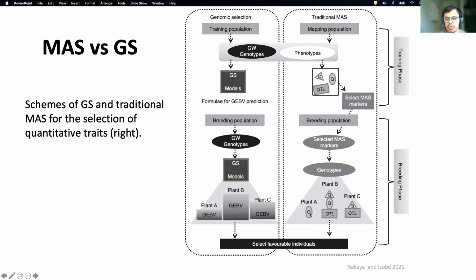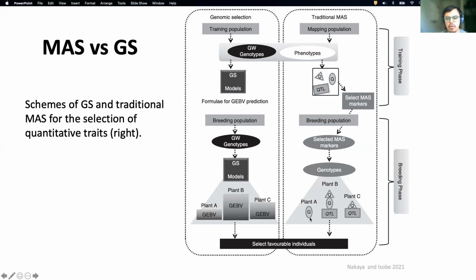And then you have 2 other plants. Plant C has a performance in the middle, or the average performance, because it has 2 QTLs. And then you have another plant that has the lowest performance because it has just 1 QTL.